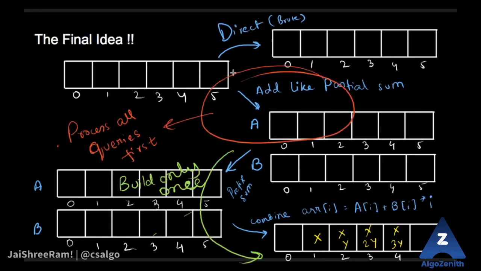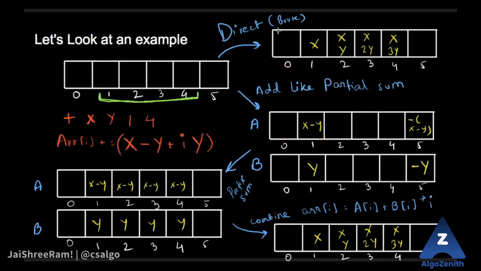so the final idea is, we don't do the brute force way, that's obviously there. What we do is that we process all queries first. So given this array, we have a lot of queries, q number of queries. For each of the queries, what we discussed over here, we add it in a partial sum way.